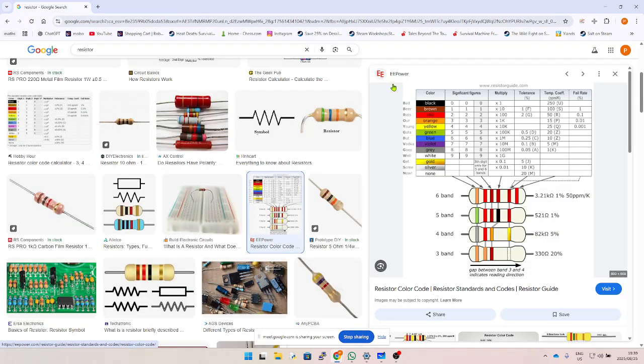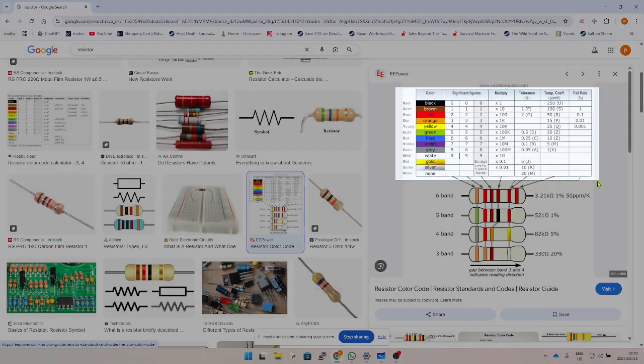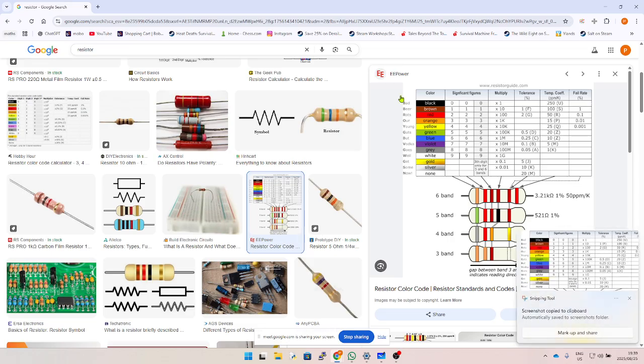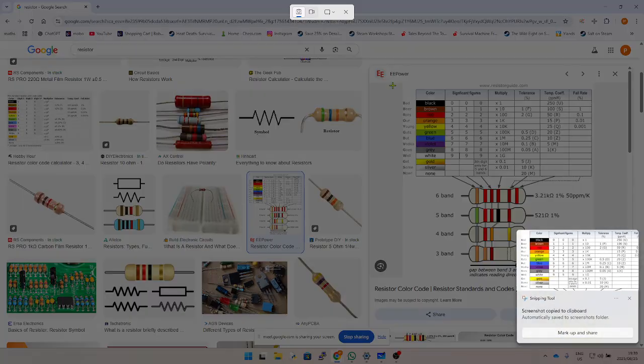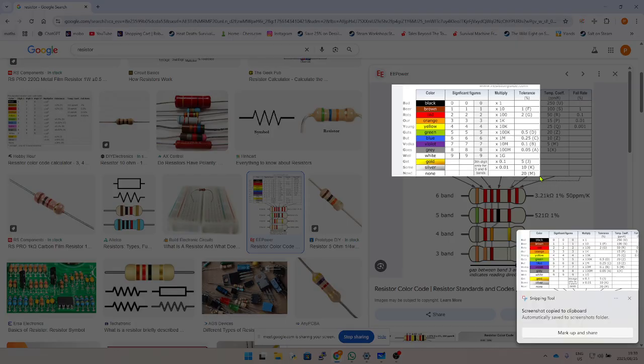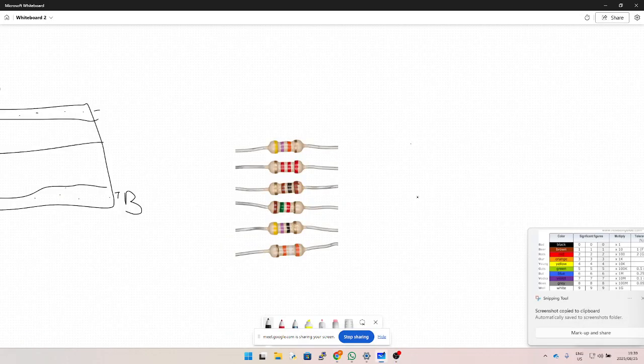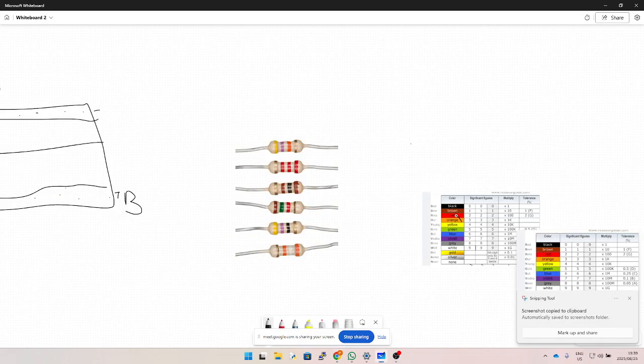I'll put it up for you guys now, so it's easier, because I know half of you don't have your things next to you. When we write the multiplier, let's say the multiplier is black, will we just write times 10 to the power of 0? Yeah. Okay.